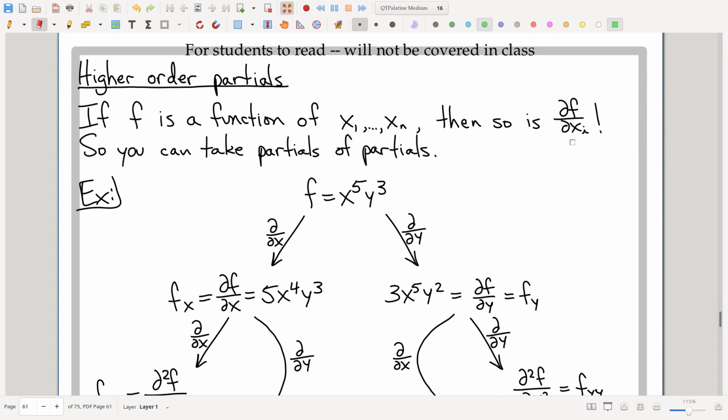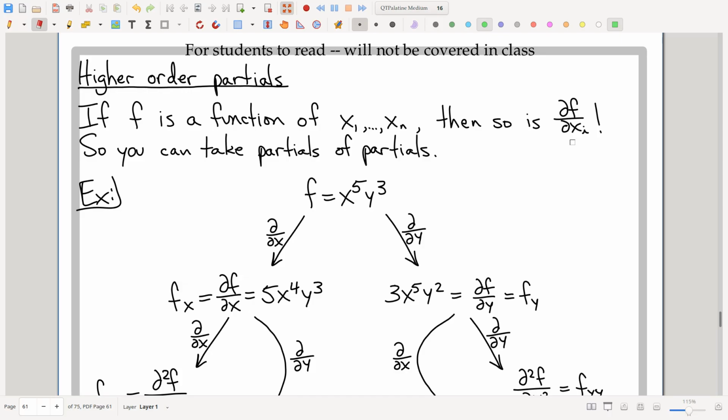Also in 2.4, higher order partials. A lot of this is a pretty straight read as well. It's not really that sophisticated of an idea that, just like in single variable calculus, you have a function, you take a derivative, the result is another function to which you can take another derivative.